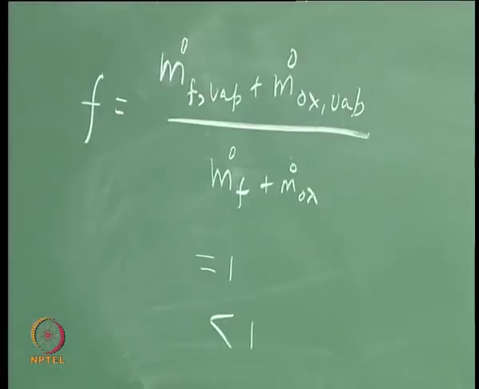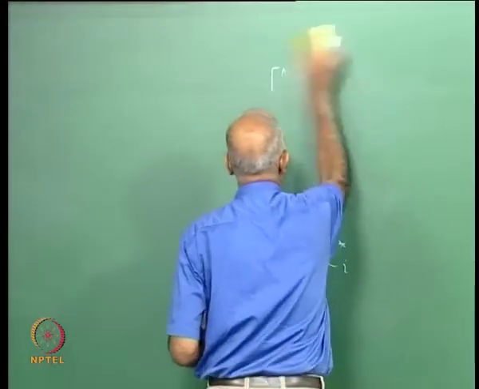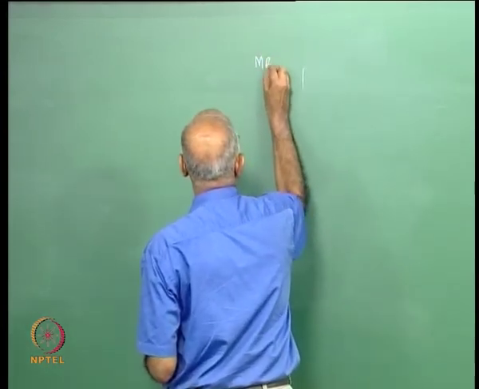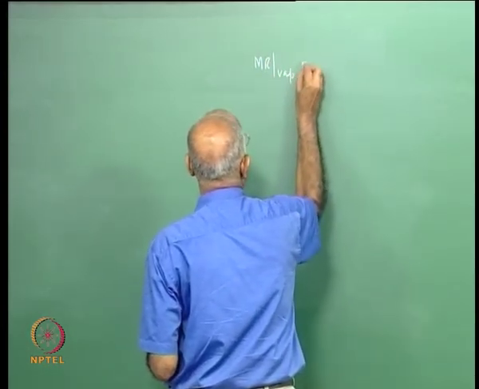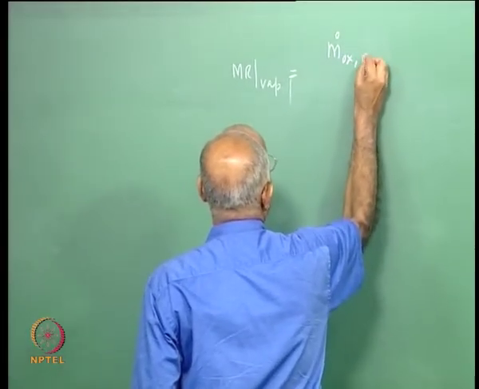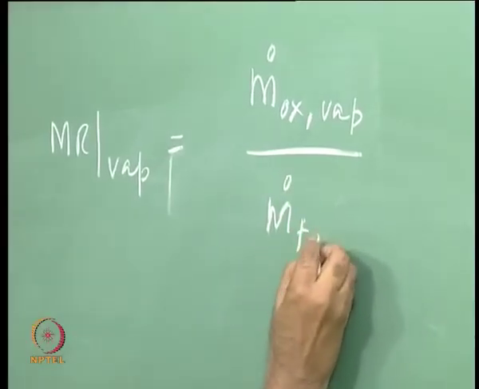Now I add another twist to the whole thing. I ask myself, what is the mixture ratio corresponding to evaporation? The mixture ratio corresponding to evaporation is equal to m dot oxidizer which has vaporized divided by m dot fuel which has vaporized.